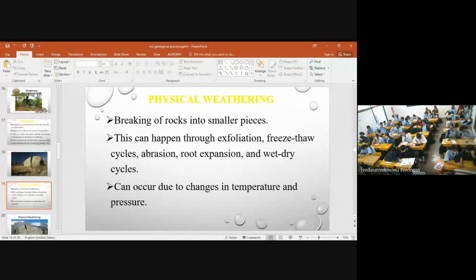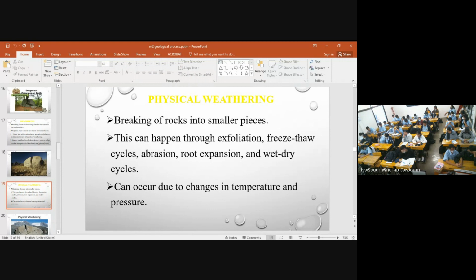For physical weathering, we have the breaking of rocks into smaller pieces. This can be through exfoliation, freeze-thaw cycle, abrasion, root expansion, and wet-dry cycle. It can occur due to changes in temperature and pressure.